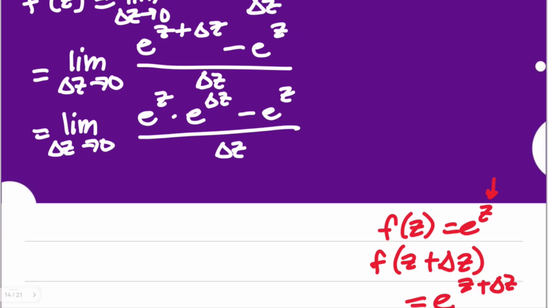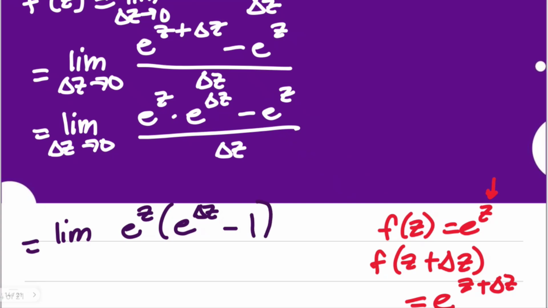So when you factor that, this is what will happen here. The limit of e to the power of z times what remains in the first term as we remove that, which is e to the power of delta z, minus, as we take that out by factoring, we still have 1 at this portion, still over delta z as delta z approaches 0.